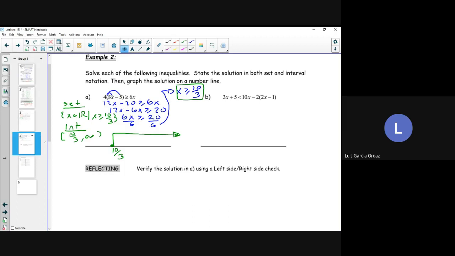All right, so we're going to move to example 2b. So we have 3x plus 5 is less than 10x minus 2 times 2x minus 1. So what would be our first step to solving this inequality?